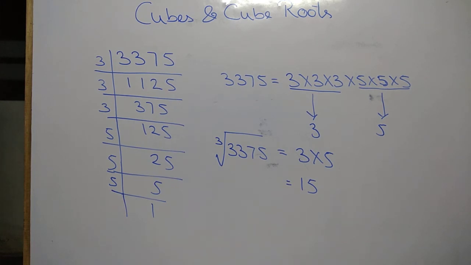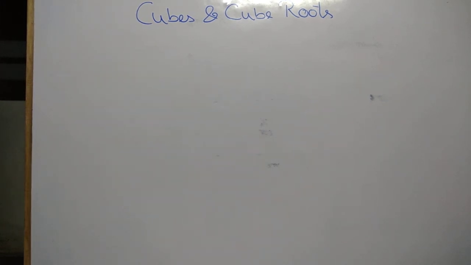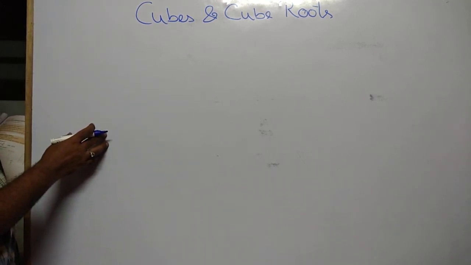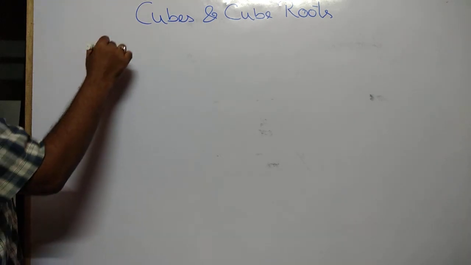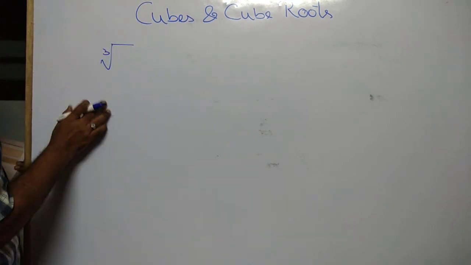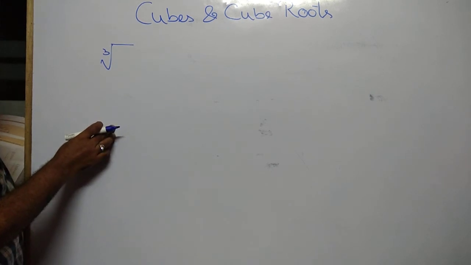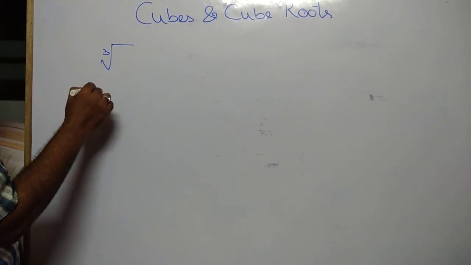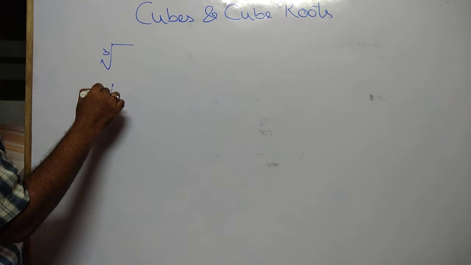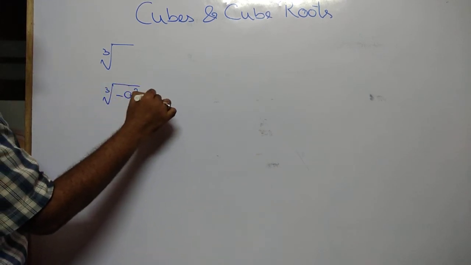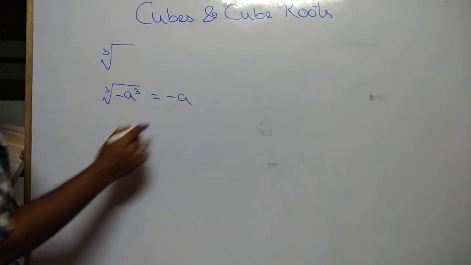Move to the next part. Just now I discussed with you how to find the cube root. Once again we are going to discuss some notes on cube root. Remember, this is the symbol of the cube root of any number, and under this we write the number. The cube root of a negative number, suppose it's a cube, is also negative.